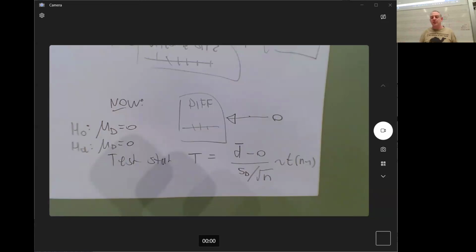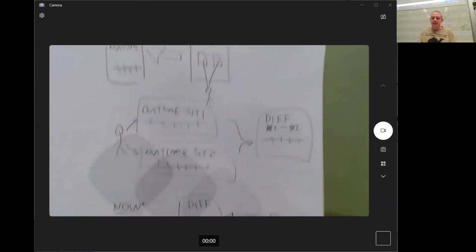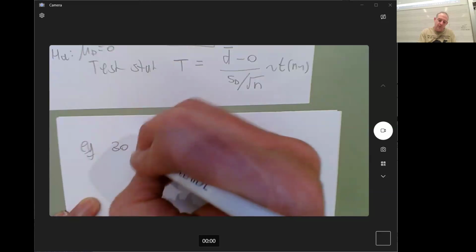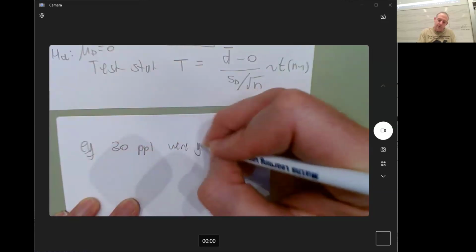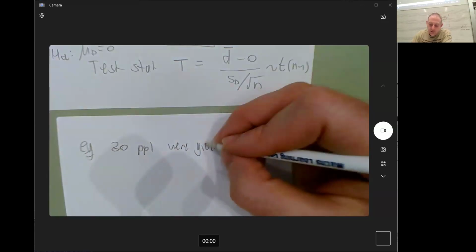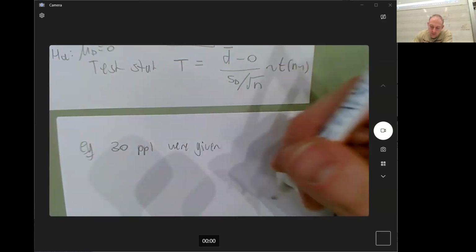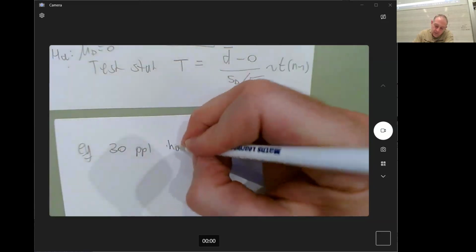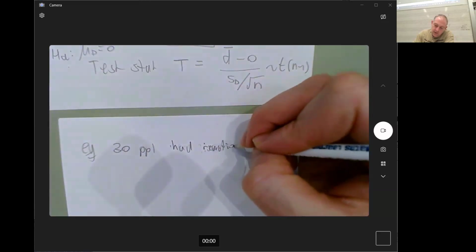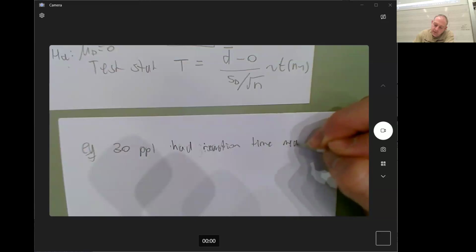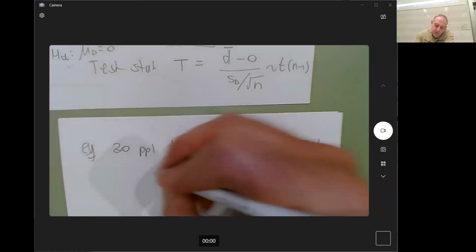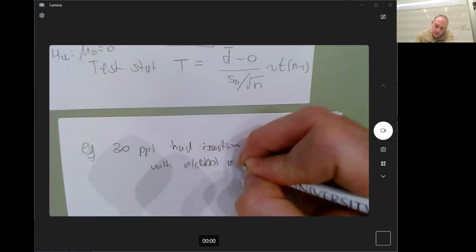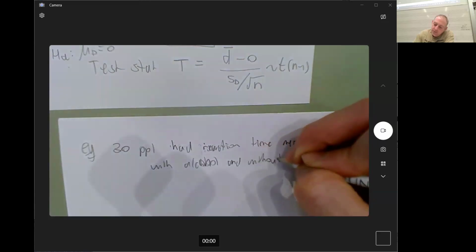There's a classic exam question that they give you where they say something like, 30 people had their reaction time measured with alcohol and without.